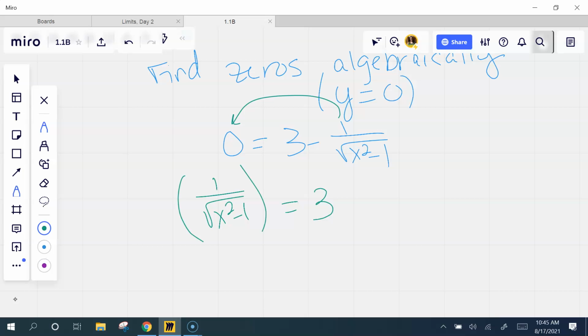I just took that fraction and added it to both sides. I moved it to the other side. I'm trying to get x by itself.